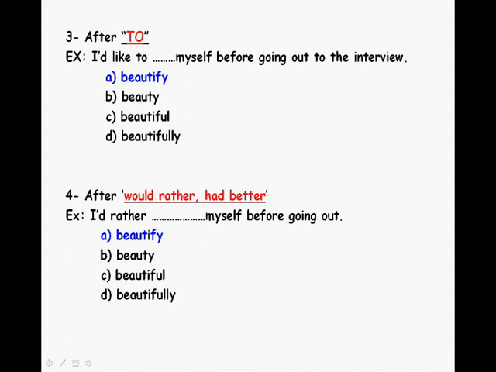So after to here, I put a verb. Also, after would rather or had better, I also put the verb. I'd rather beautify. I'd better study well, and so on. Okay? I'll give you half a minute to have a look at these sentences.